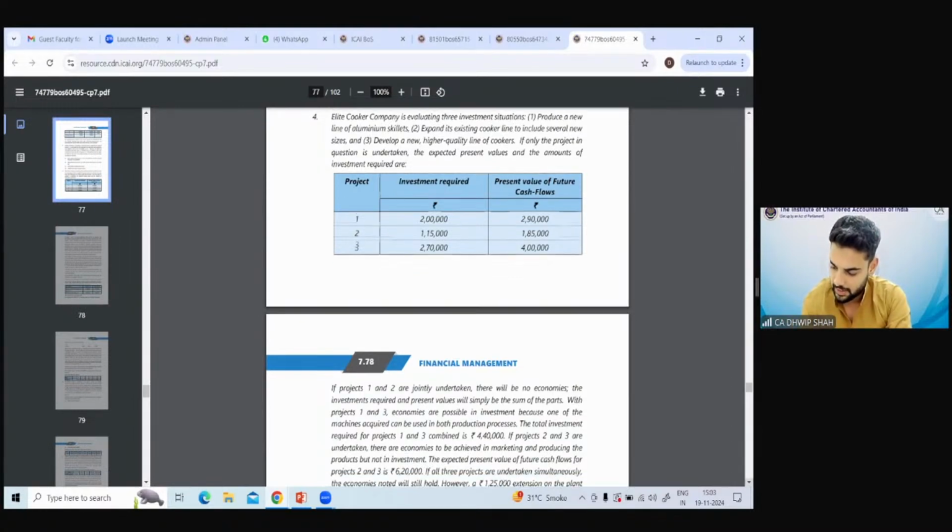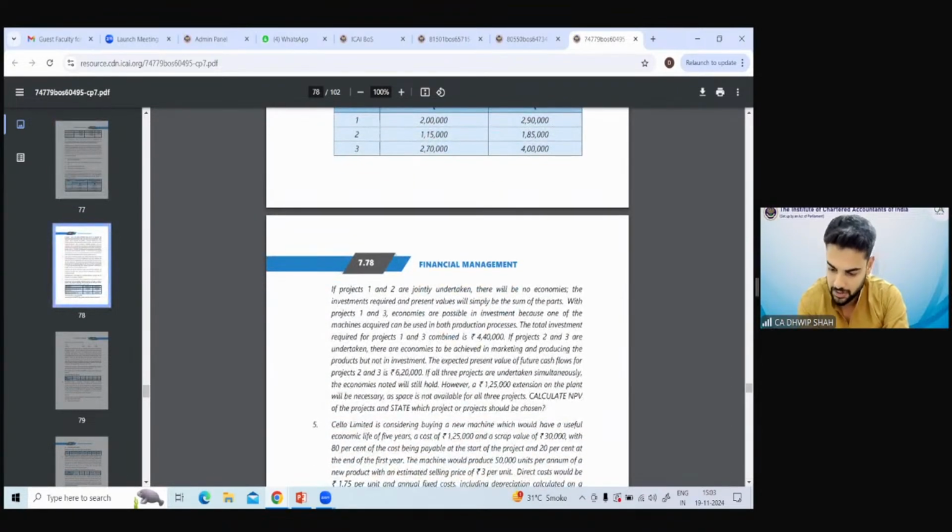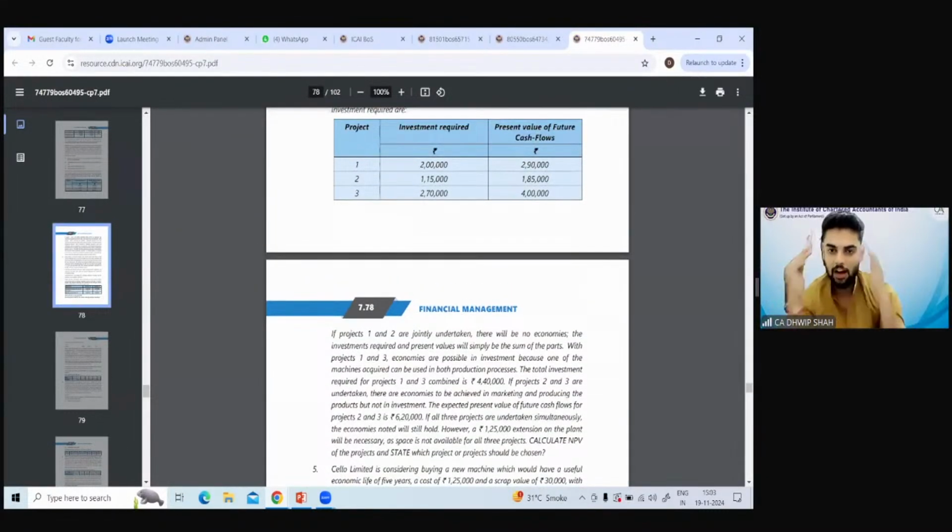Now, friends, this is a very important part of this question. If projects 1 and 2 are jointly taken, so now you have to visualize that we take both the projects together, project 1 and project 2 together. There will be no economies. By the word economy, it means benefit. There would not be any benefit or additional savings if projects 1 and 2 are jointly taken.